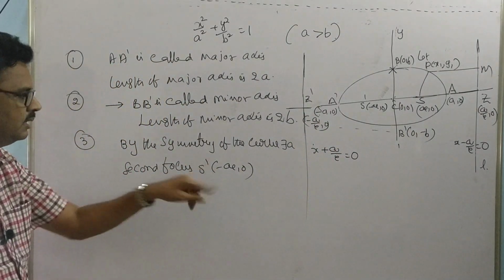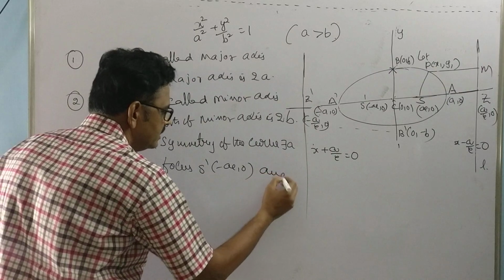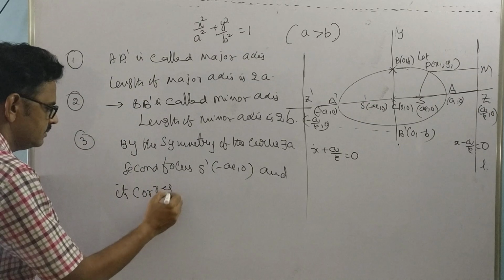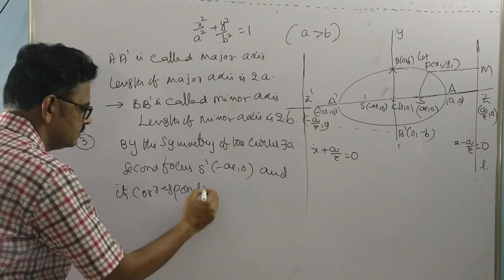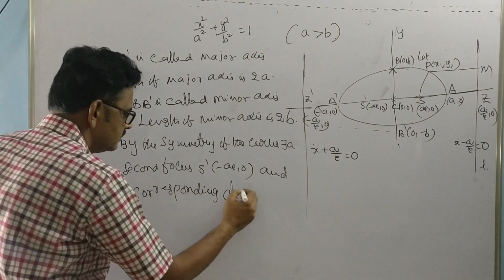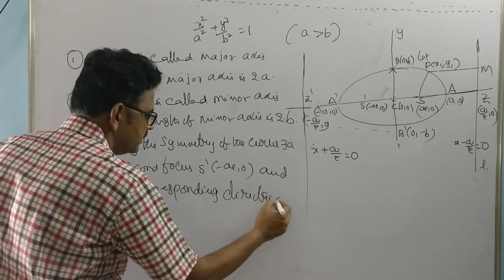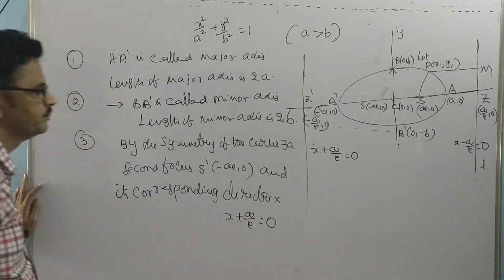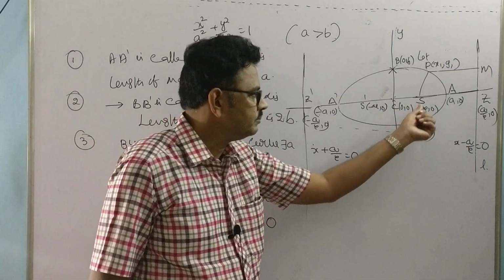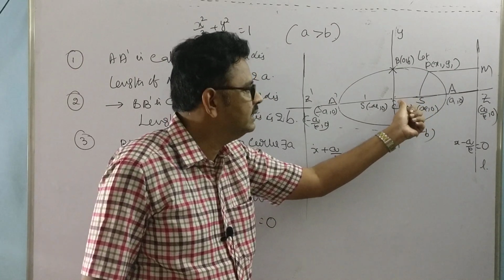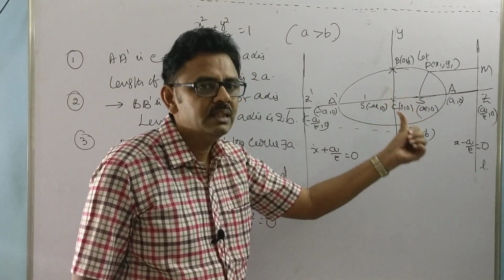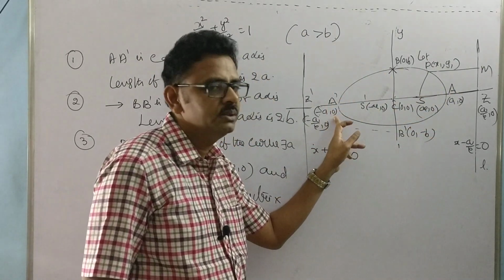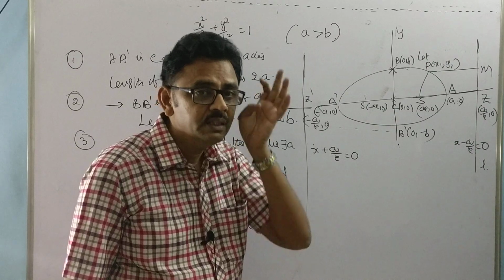Second focus S dash minus a e comma 0 and its corresponding directrix x plus a by e is equal to 0. So center C 0 comma 0 is called center of the ellipse. A comma 0 and minus a comma 0 are called vertices of the ellipse.